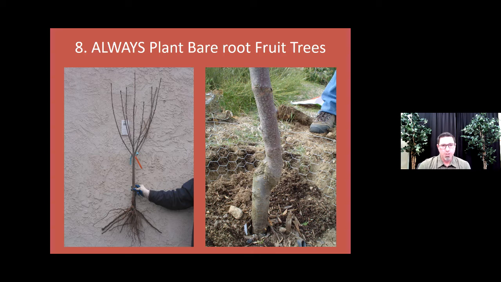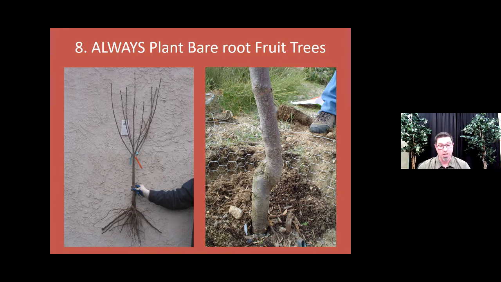So understand that you are getting the variety you want on the top, but the rootstock is a completely different type of variety. And therefore, you never want sprouts to grow from that rootstock and take over the top part of the tree. This happens with citrus trees all the time, where someone says, I got this weird fruit on my citrus tree.